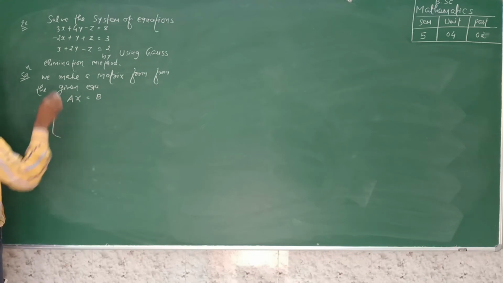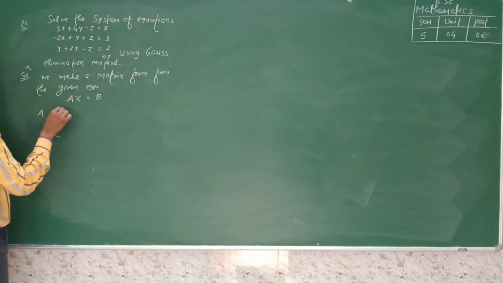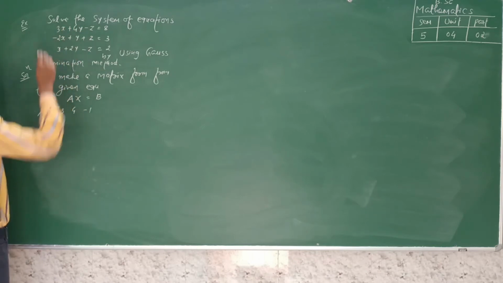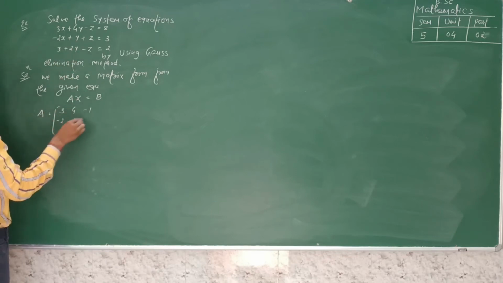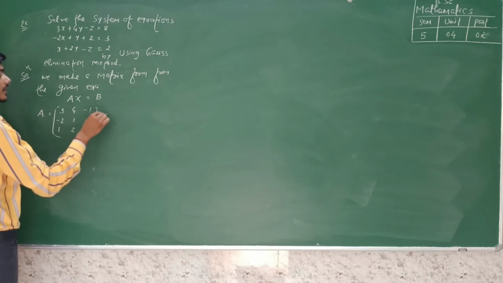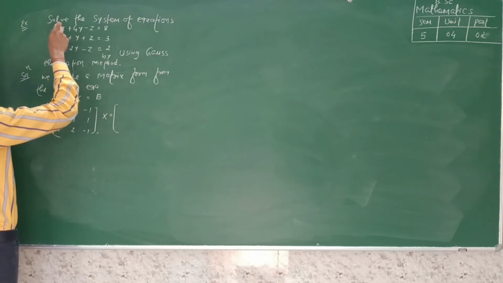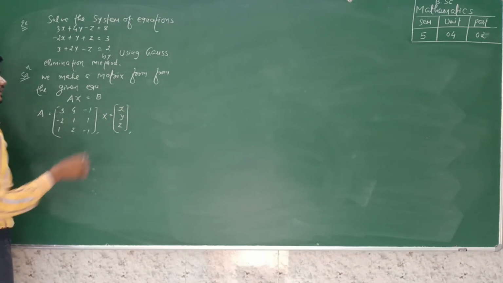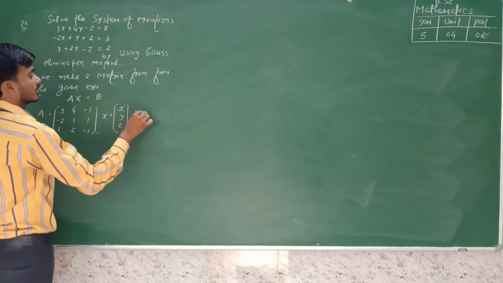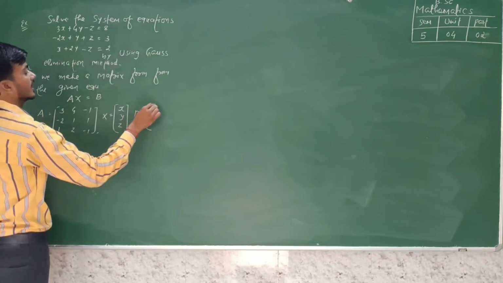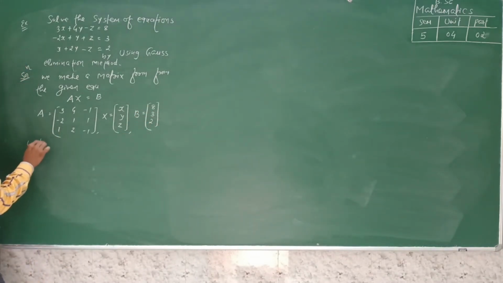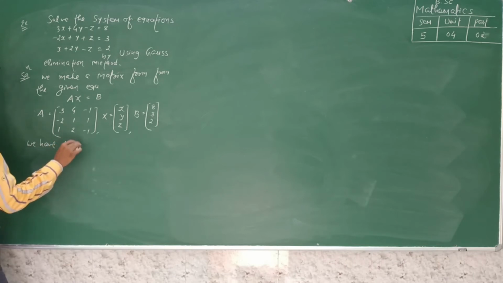A is the coefficients of these unknowns: 3, 4 and minus 1; minus 2, plus 1 and plus 1; plus 1, 2 and minus 1. The matrix X contains x, y, z, the 3 unknowns. The B matrix is 8, 3 and 2. So we now have an augmented matrix.